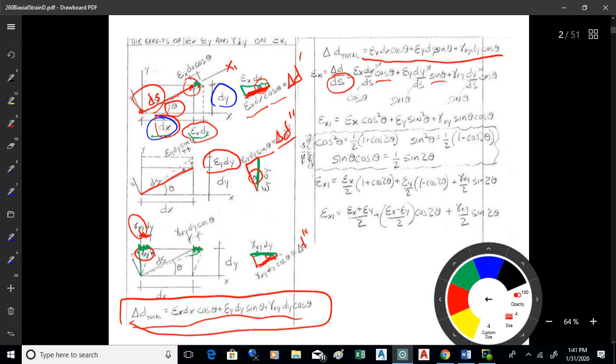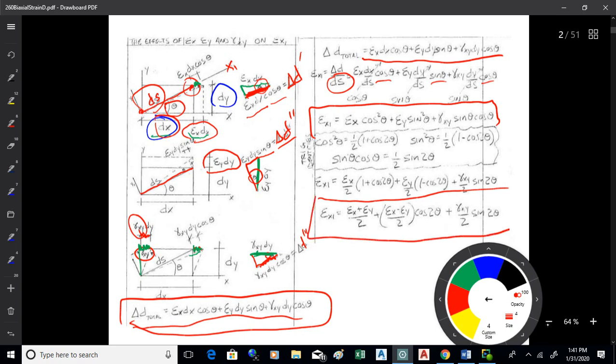Dy over ds is sine theta, and I've got one other dx over ds for cosine theta. I'm going to plug that into the formula. I'm going to throw some trig identities at it. I think those are half angle formulas. I can't quite remember, but I've got the trig identities there. Plug those in. Collect terms. There we go. That's what I want right there.